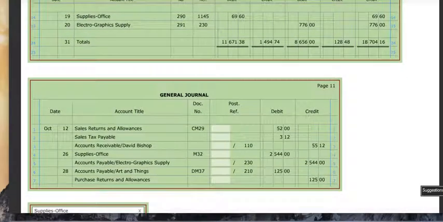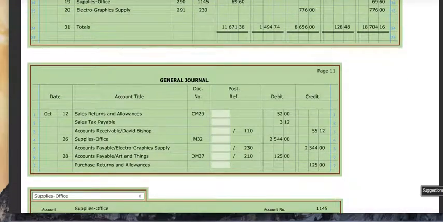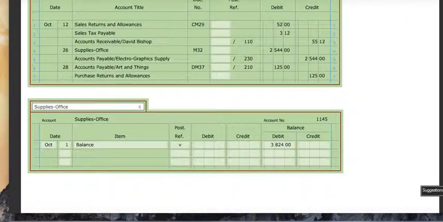So scrolling back down, 19th, debit of $69.60 gives me a total of $3,893.60. And we got the number from our cash payments journal, page 15.